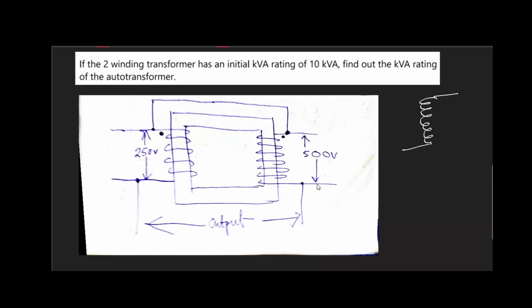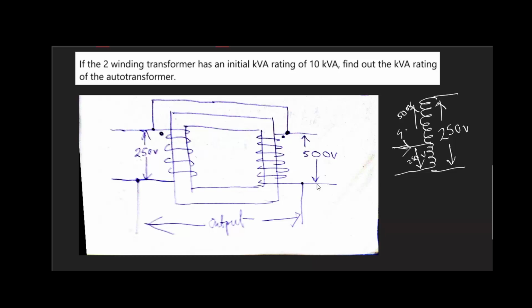Isn't it very surprising that the input kVA, which was there, has now become something else; the input couldn't draw much. But if you see from this side, it will give you 250 into 40, that is 10 kVA.